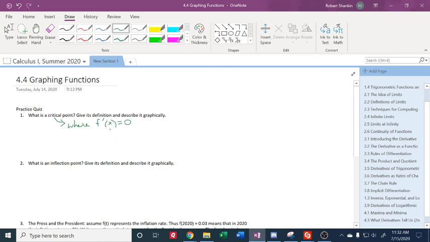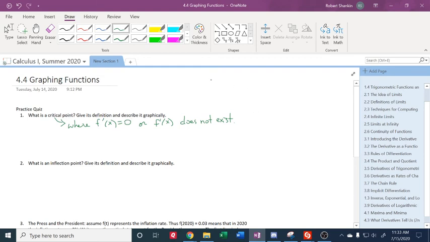So it's an x-coordinate where the derivative is 0, but not quite just that. Or f prime of x, and this is an important one that often gets overlooked, does not exist. It's both. And then describe its graphical significance.